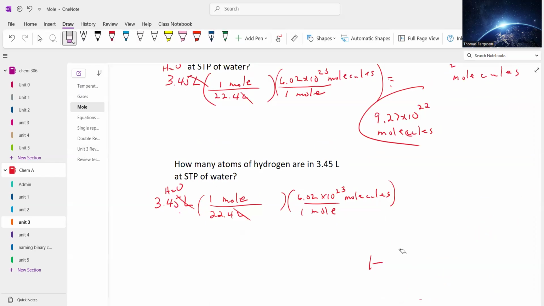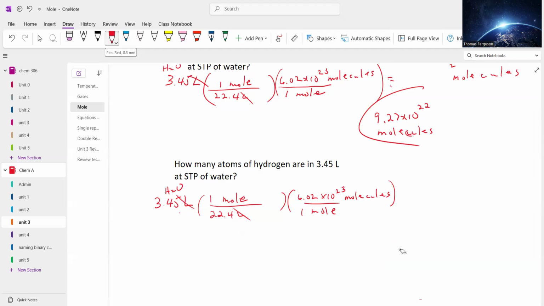Now, is that the same as atoms? What does this calculation give us? Molecules. Now, as a little aside, if I have 10 bicycles, how many wheels do I have? 20. How did we reach that?